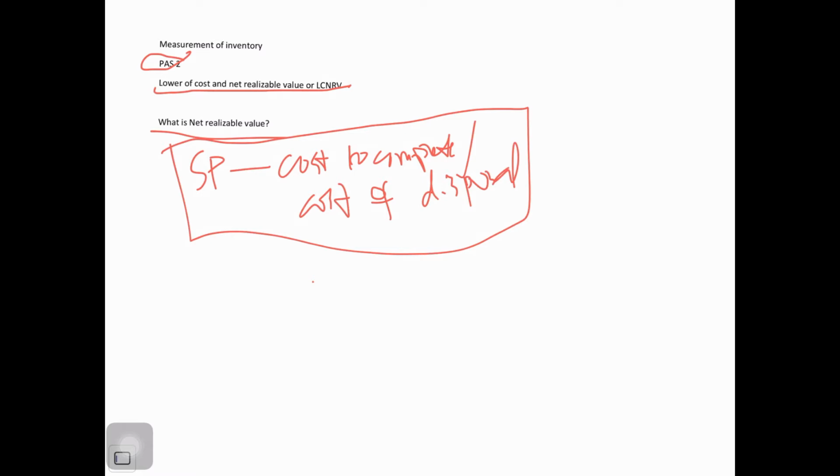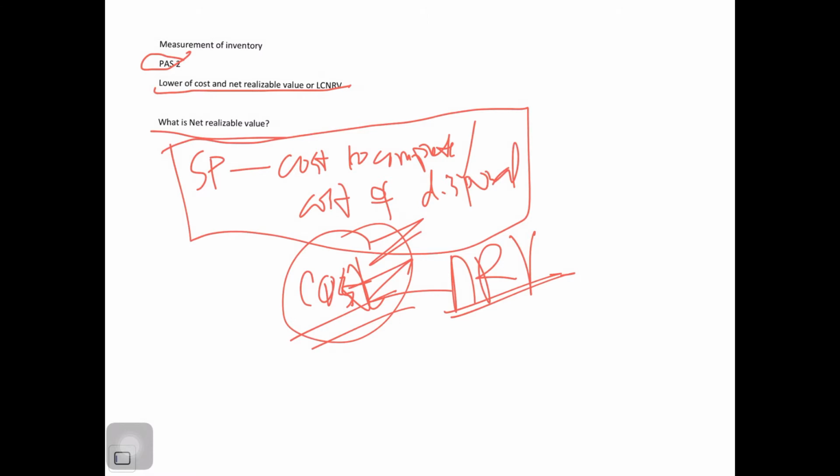If the cost, guys, is lesser than NRV, there is no problem, because the cost we recorded for our inventory is already lower than the net realizable value. The problem arises when our NRV is lesser than our cost.